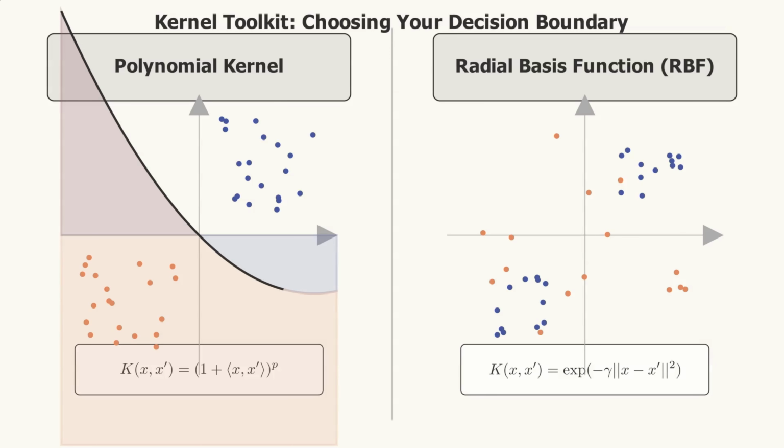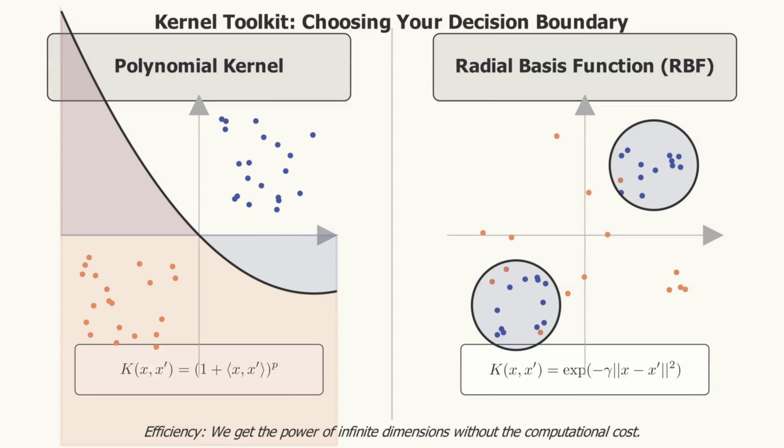On the left, we have the polynomial kernel. It creates smooth, sweeping curves by raising the relationship between points to the power of p. This is perfect for data that follows a natural parabolic trend. On the right, we have the most popular choice in modern machine learning, the radial basis function, or RBF kernel.